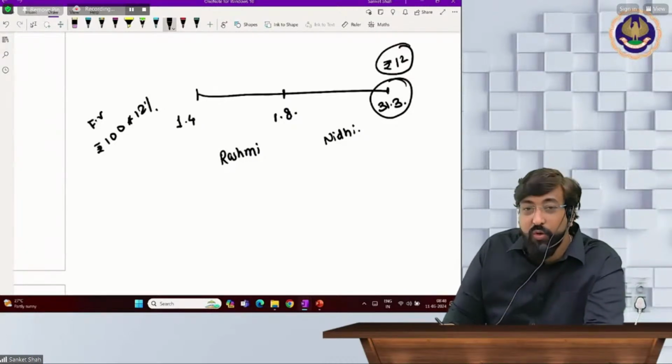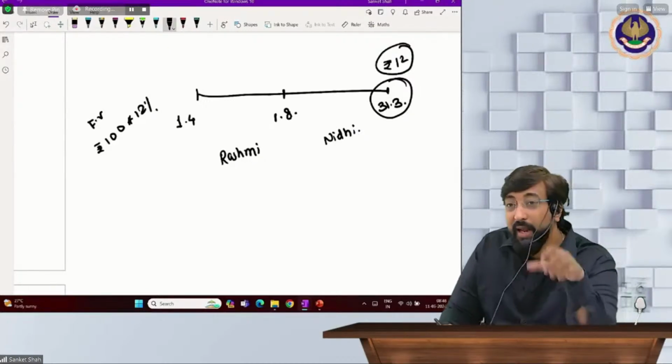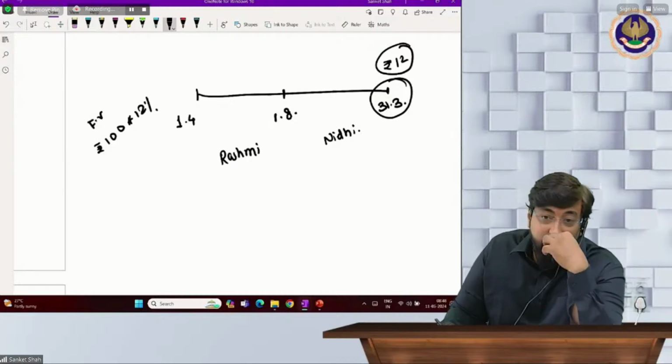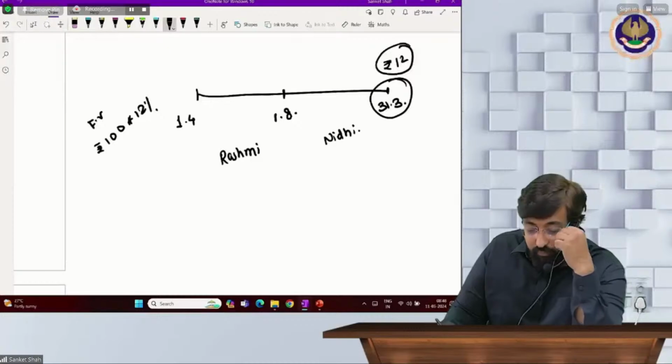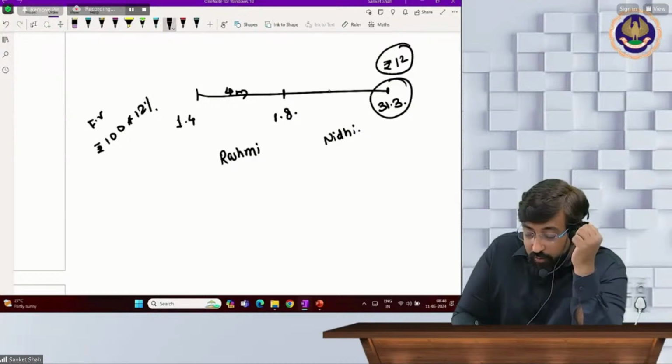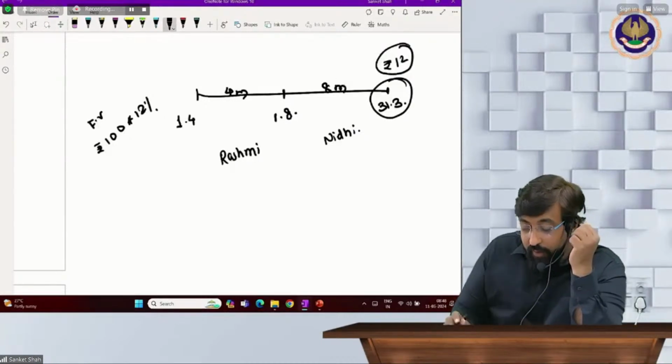Okay. So Rashmi sold it to Nidhi. So now Nidhi is a debenture holder के list में नाम है तेरा. So who is getting that interest? 12 rupees. But tell me, number of months for which Rashmi hold that debenture. 4 months. Very good. And you hold it for 8 months.